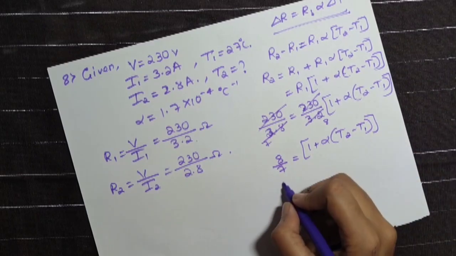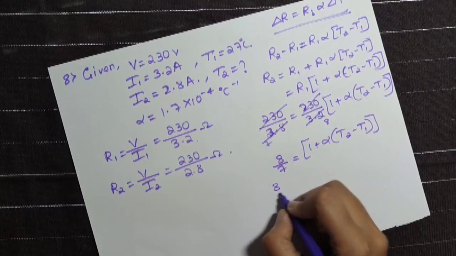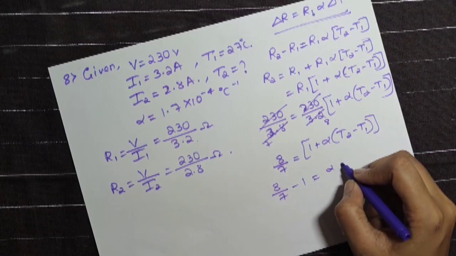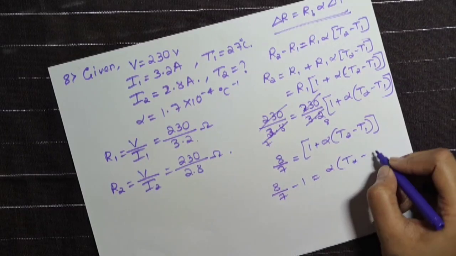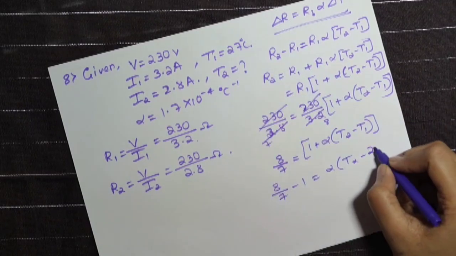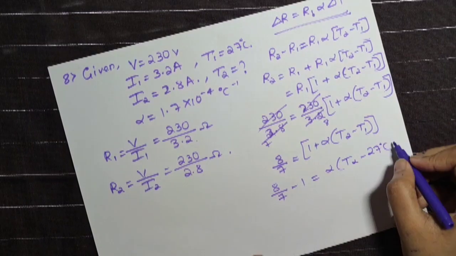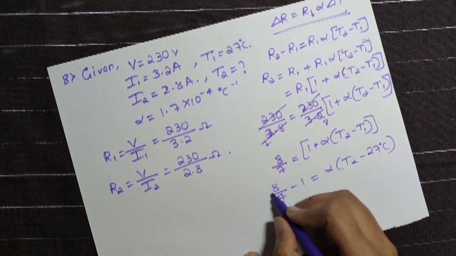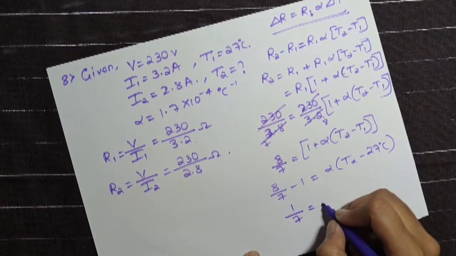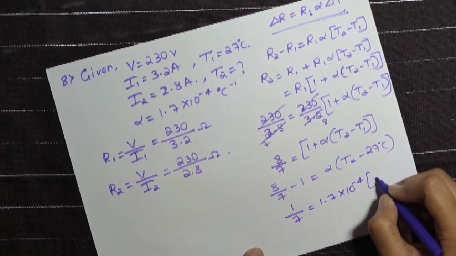Okay, so we can take this 1 this side, 8 by 7 minus 1 equal to alpha T2 minus T1. Apply the value of T1 here, that is 27 degrees Celsius. So this will be 1 by 7, which is equal to 1.7 into 10 raised to minus 4 into T2 minus 27.